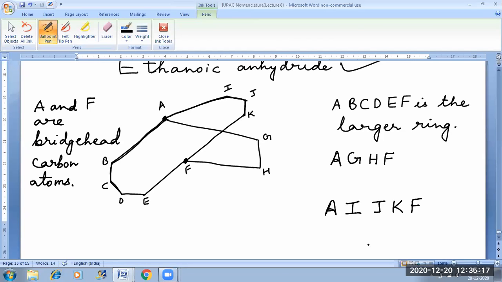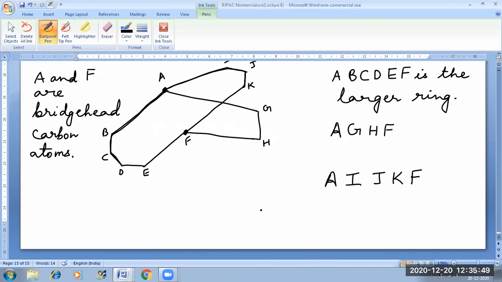Smaller ring, for the bicyclic. Sir, your voice is lagging a bit. Okay, which is the smaller ring? AGHF or AIJKF? AGHF.